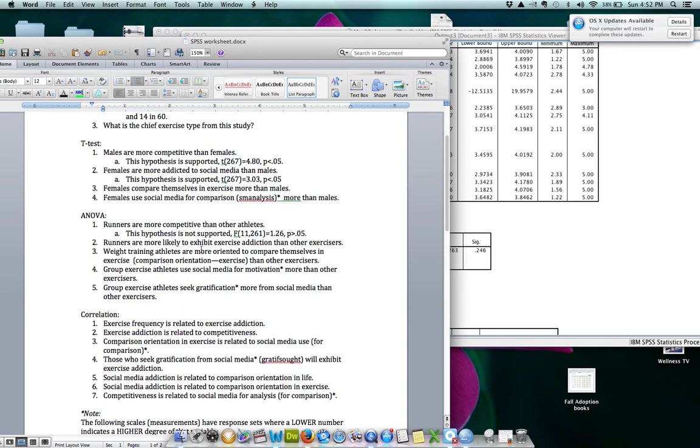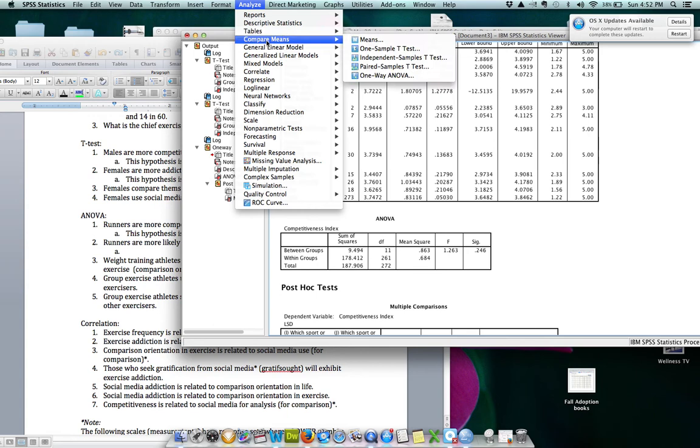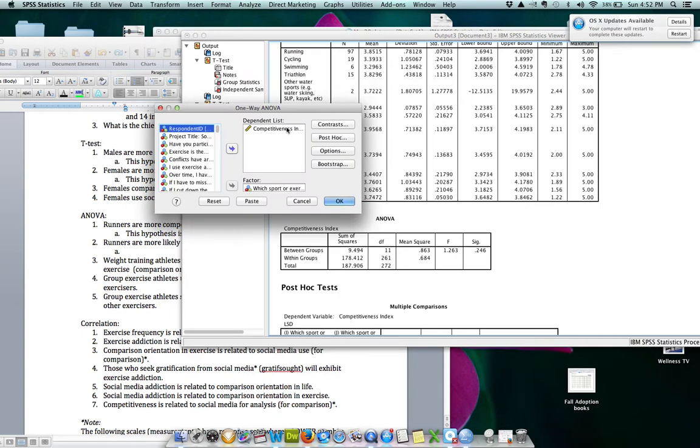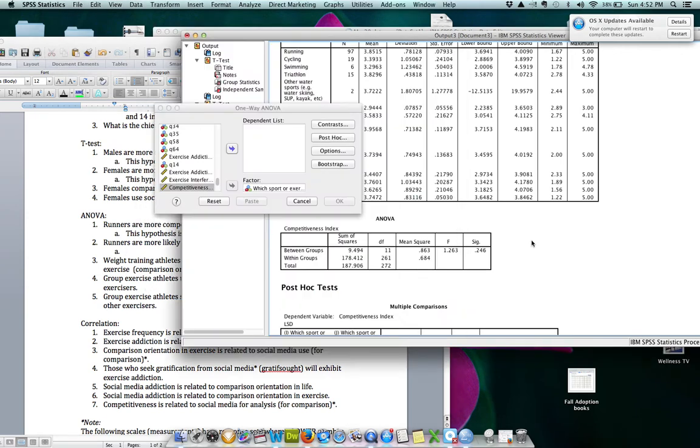Runners are more likely to exhibit exercise addiction than other exercisers. So go up to Analyze, Compare Means, one-way ANOVA. So rather than using competitiveness, I'm now looking at exercise addiction.